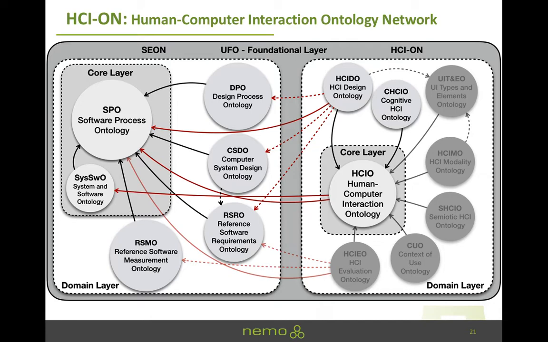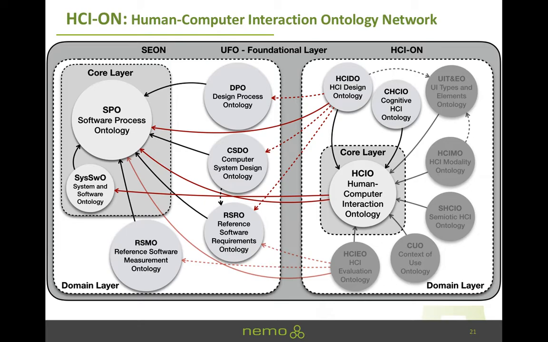In this figure, as you can see, HCI-ON reuses concepts from the software engineering ontology network, so HCI-ON is connected to it. For example, to talk about interactive computer systems, we need to talk about software and system.